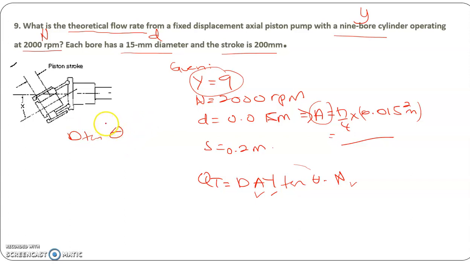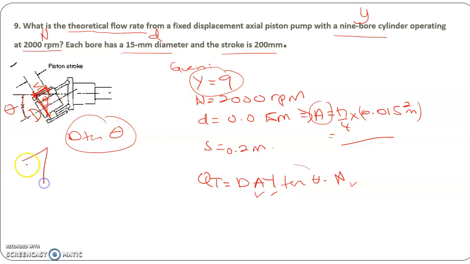So how do we get this data? You can refer to this diagram. Here the piston stroke is S, and this one is the piston circle diameter D. This is the angle.